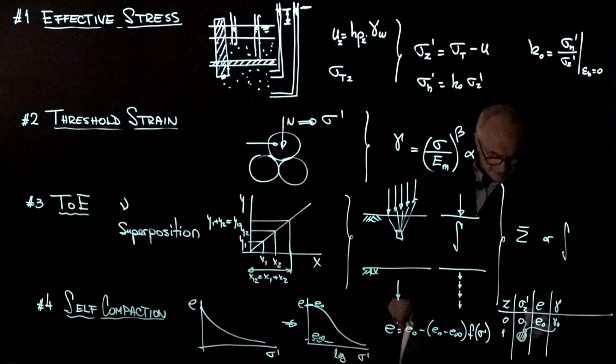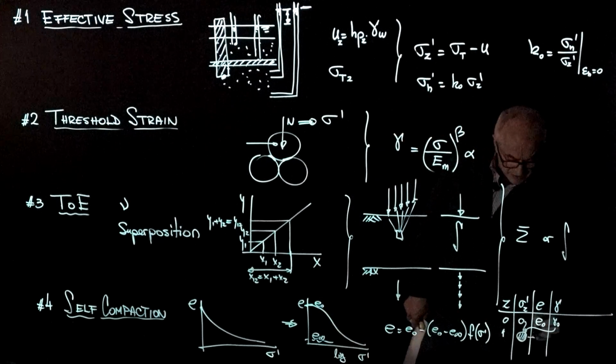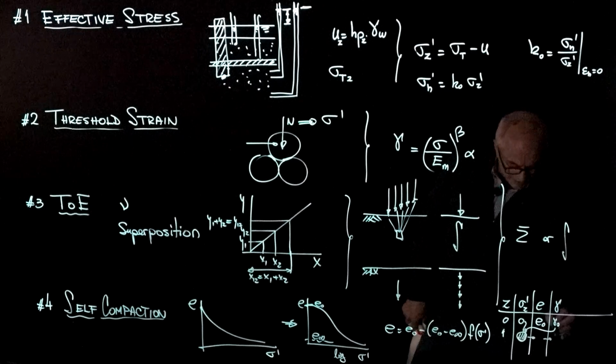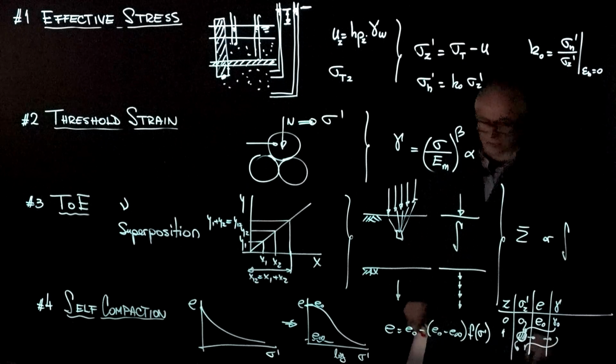And with that effective stress, I go back into this formula, and I know the next void ratio at that depth. And with that void ratio, I know the unit weight at that depth, and I go to the next depth by adding the additional contributions.